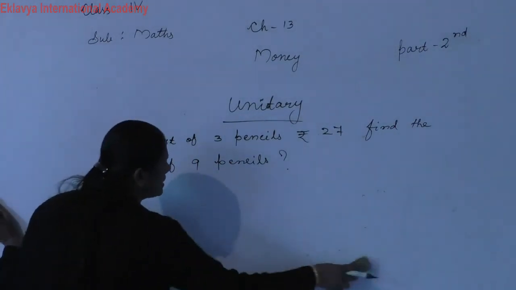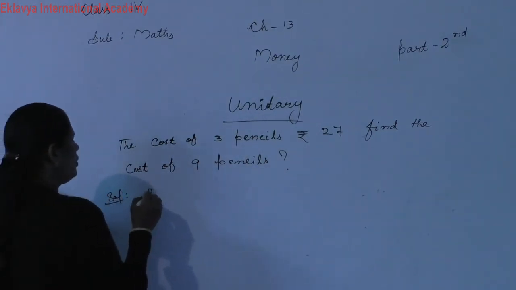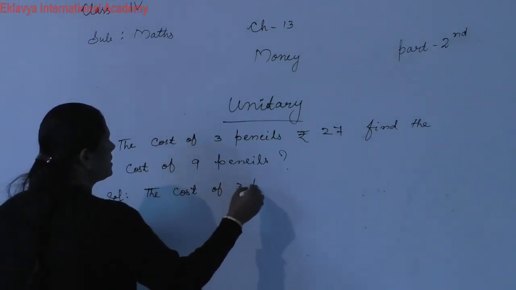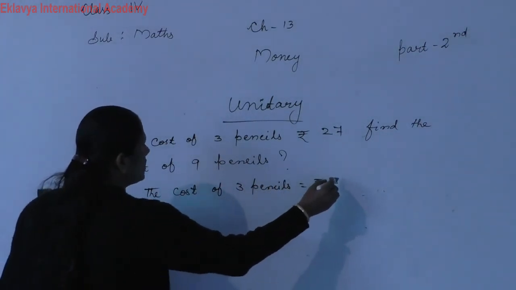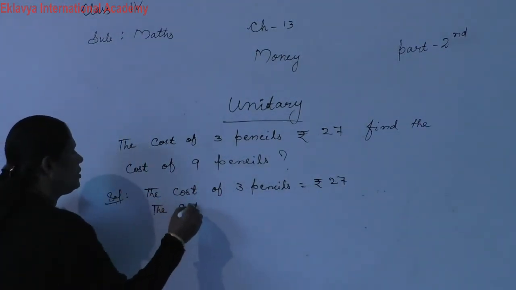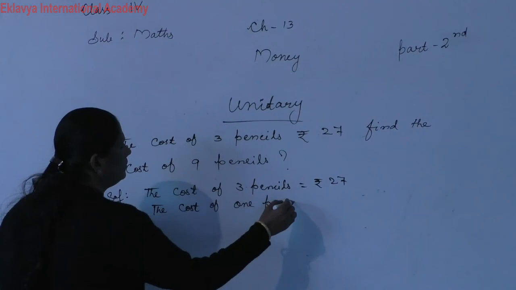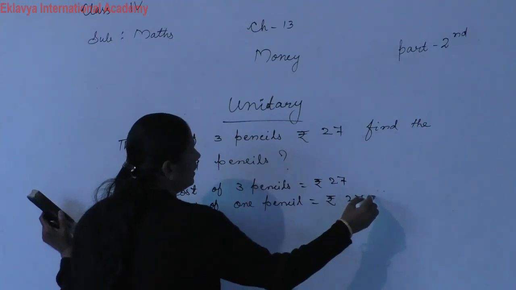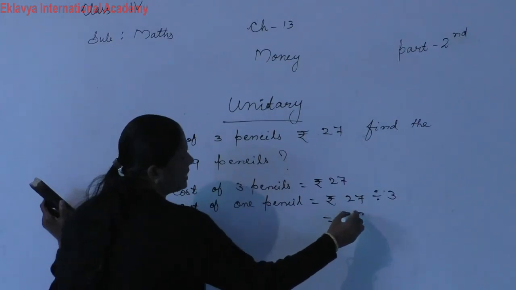First we write the statement: the cost of 3 pencils is rupees 27. Second line: the cost of 1 pencil is equal to rupees 27 divided by 3, which is rupees 9.